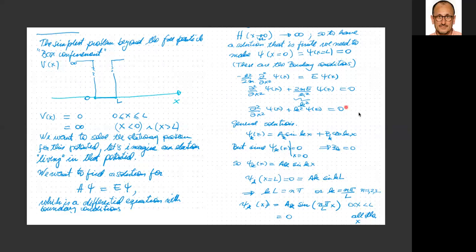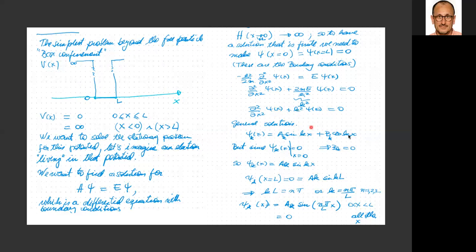So I'm parametrizing my solution, and this is what I said. The general solution has this form, with this parameter and this parameter unknown. This value k is equal to that. Why is that?